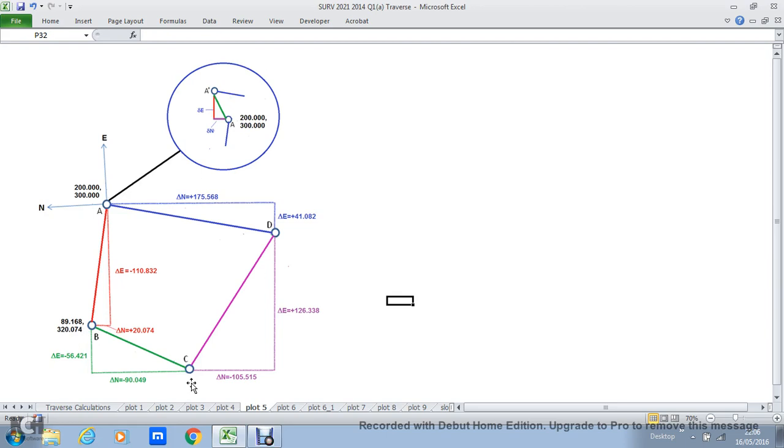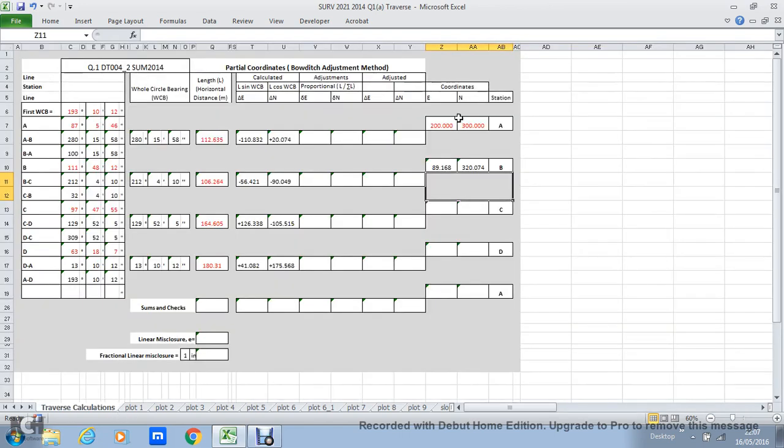That will give us C. When we have the easting and northing of C, then we will repeat the process by adding on delta E to the easting and delta N to the northing, and that will give us the coordinate of D. Once again I suggest that you pause the video before I reveal the coordinates of C, D and A prime.